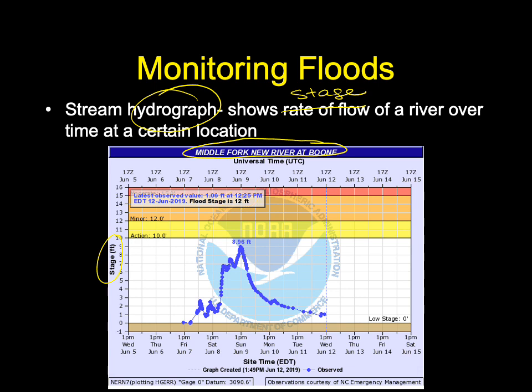Well, no, it didn't, but it certainly had a couple of peaks, and it crested at about 8.96 feet. So this graph is one of those hydrographs. We're going to use these in lab next week as well. And I'll show you how we can look at historical floods in a river to help us predict how they will behave in the future and how we can deal with it.